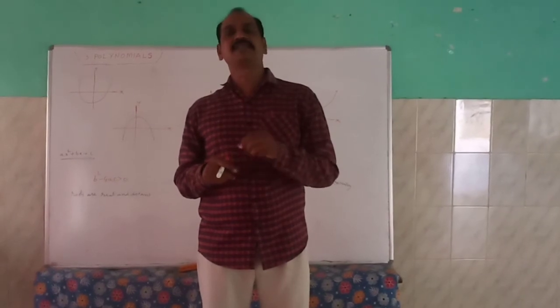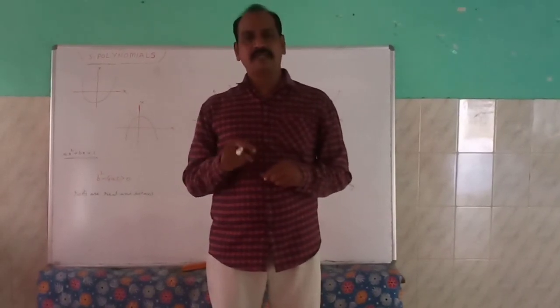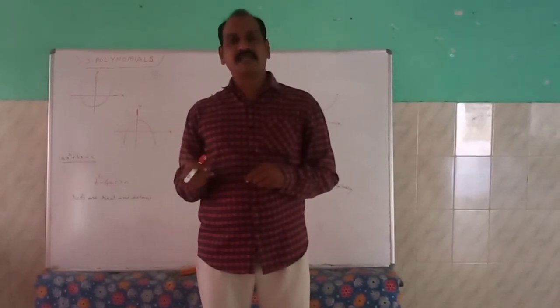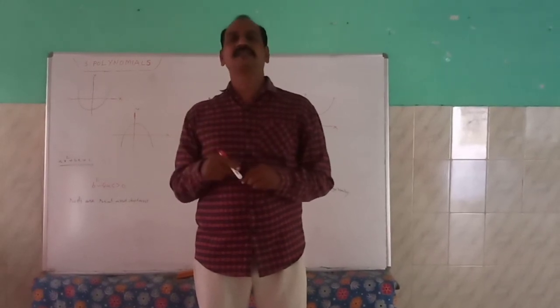If b square minus 4ac is less than 0, the roots are imaginary, and the parabola does not meet the x-axis.